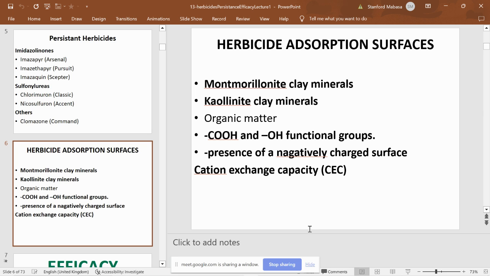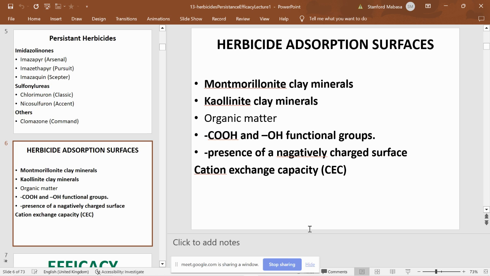Now, what makes soil applied herbicides stay in the soil depends on soil characteristics. We do have soils with montmorillonite and kaolinite clay minerals, which tend to attract these soil applied herbicides.